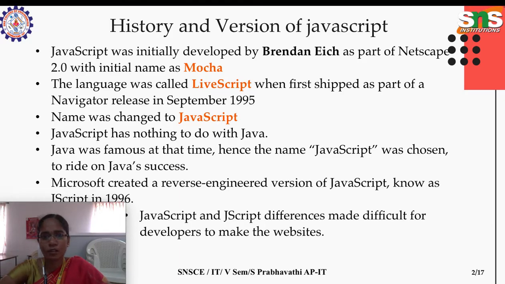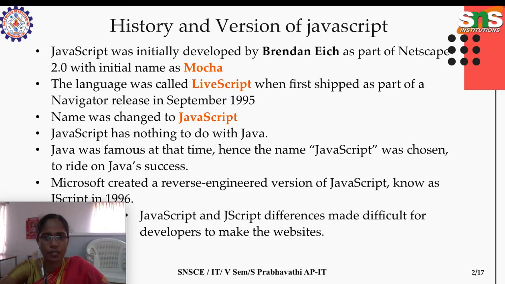Following that, this was developed by the Netscape community, and the next year, 1996, Microsoft reverse engineered this JavaScript and named it JScript. Okay, reverse engineering means just looking into the JavaScript, seeing its functionality, design and architecture, and coming up with a new solution.